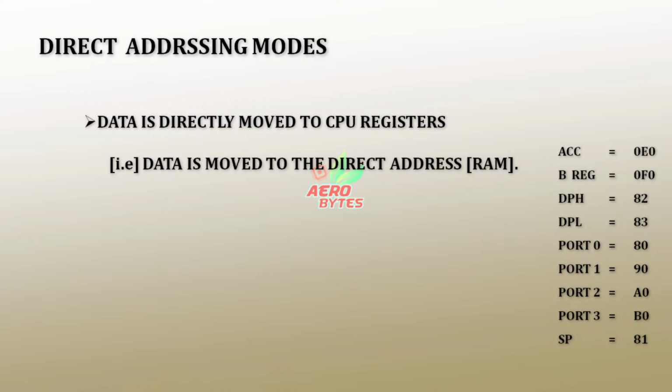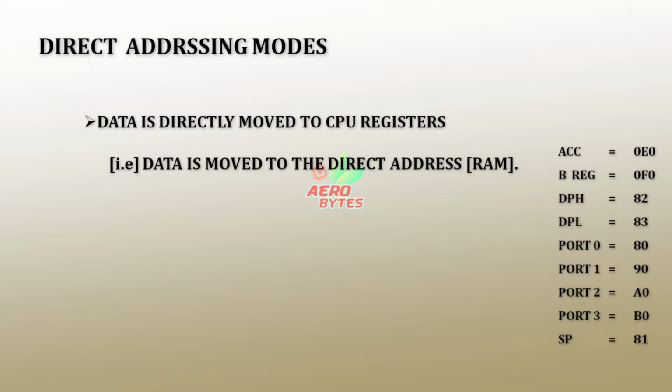I will give you some examples of accumulator, B register, RAM address. Accumulator RAM address is E0. B register RAM address is F0. DPH RAM address is 82. DPL RAM address is 83. Port 0 RAM address is 80.